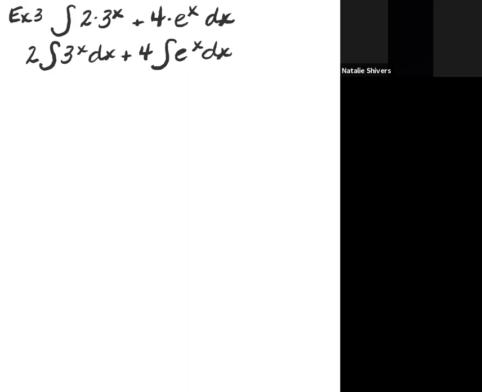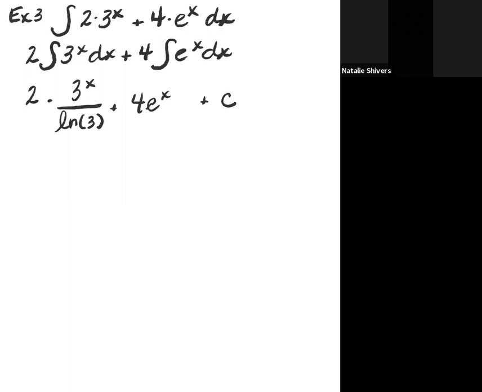So we're putting those numbers on the outside. So we're going to get 2 times 3 to the x over the natural log of 3 plus 4 times e to the x plus c. So I probably could have written that a little nicer on that second piece. The first piece is totally fine. So let me erase. I'll write this one a little bit nicer here. So the second piece could have been just 4 e to the x. I kind of got a little crazy there. So that's the answer.